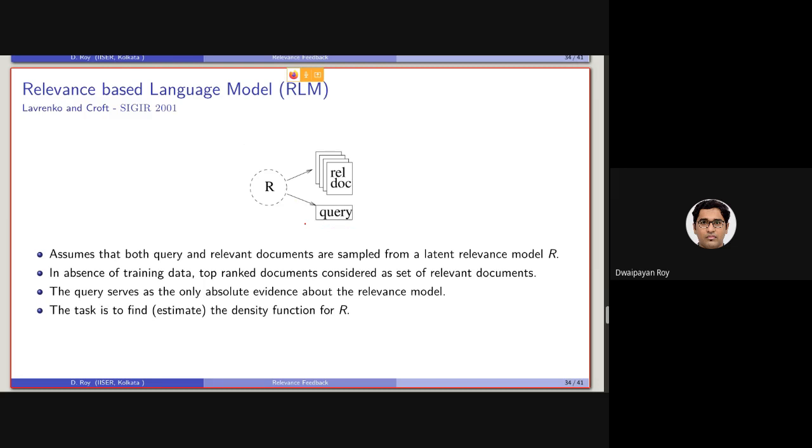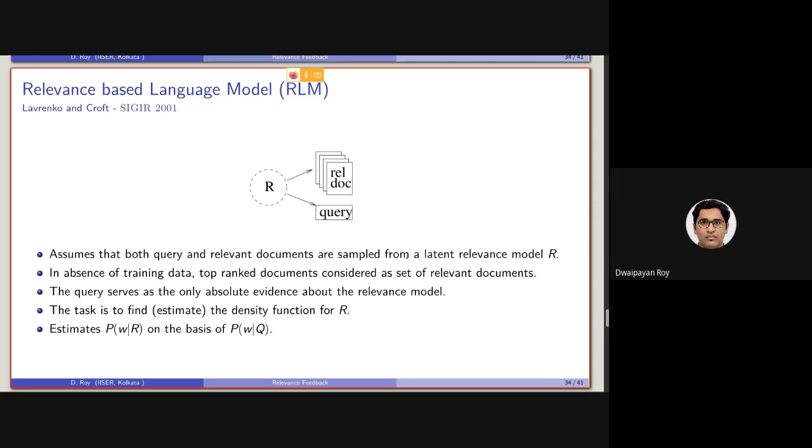Now, the task is basically to estimate this R, this latent relevance model, based on which we'll be performing the query expansion, and hopefully we'll be improving the performance. But first we need to estimate this R, based on which we'll be selecting a set of potentially good expansion terms.